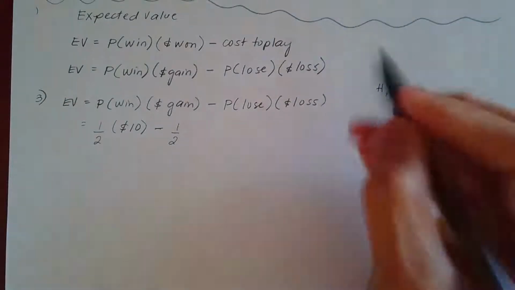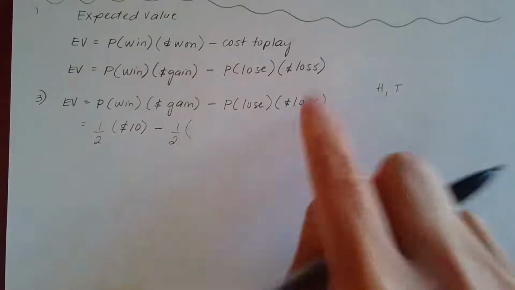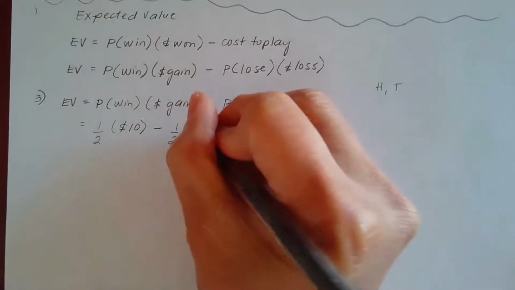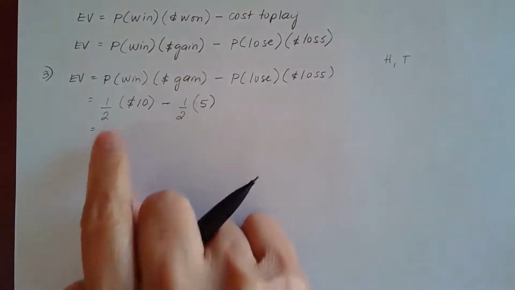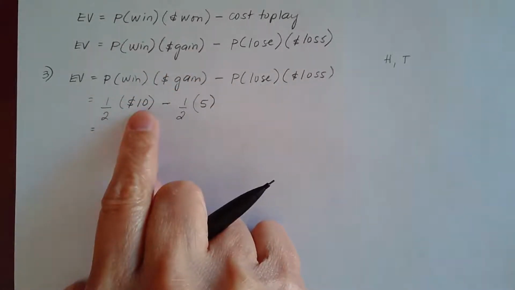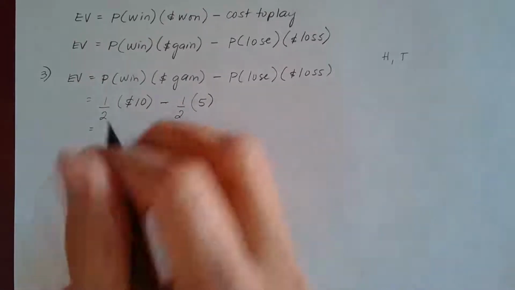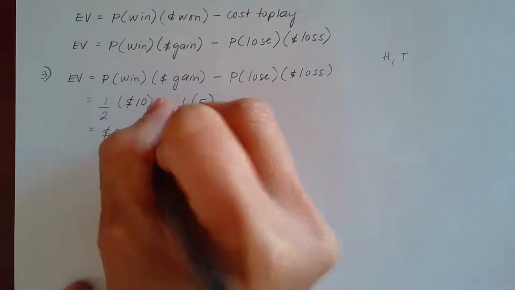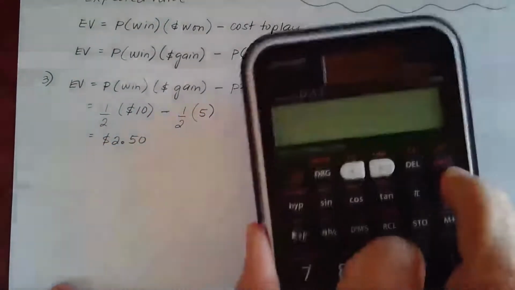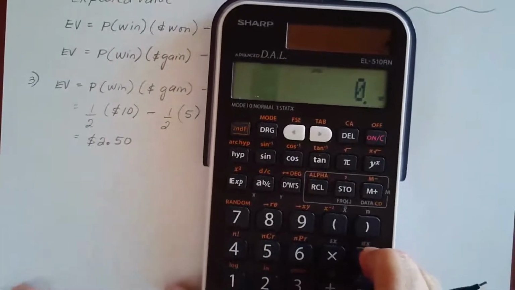So that's going to be a half chance of losing. And if I lose, I have to pay $5. So times 5. Working this out, a half times 10 would be 5 minus a half times 5, which is $2.50. I'm just going to show you how to type that into your calculator if you're wondering.